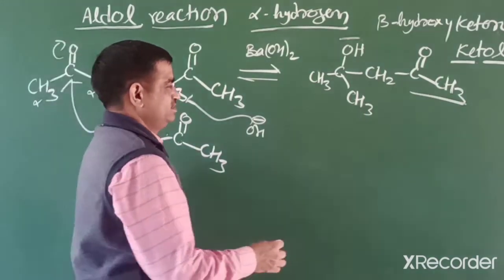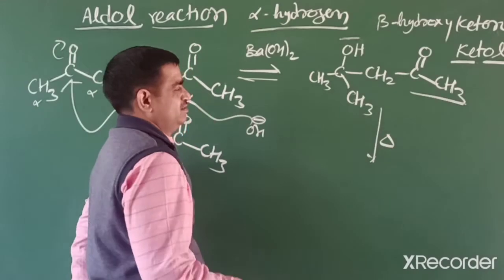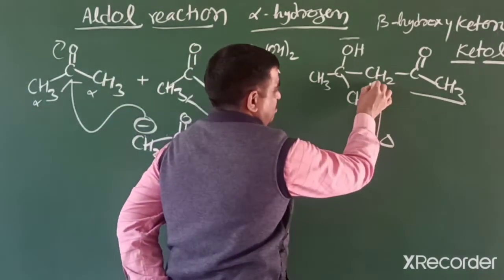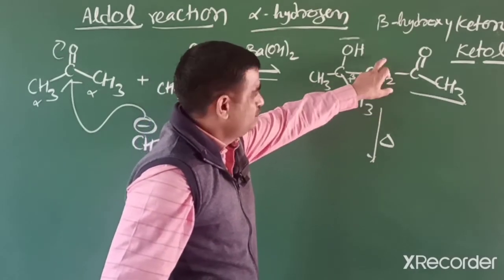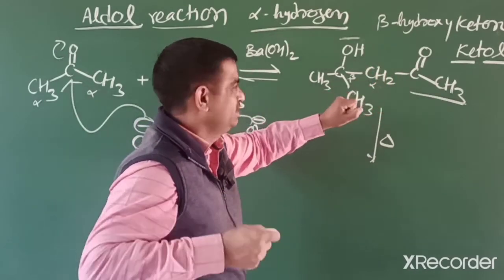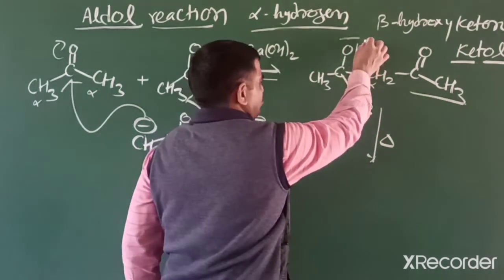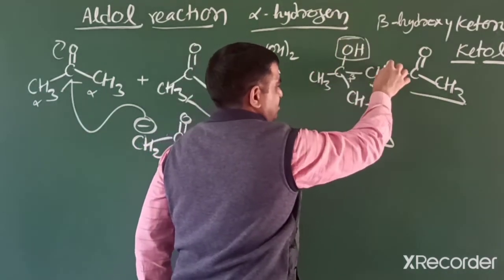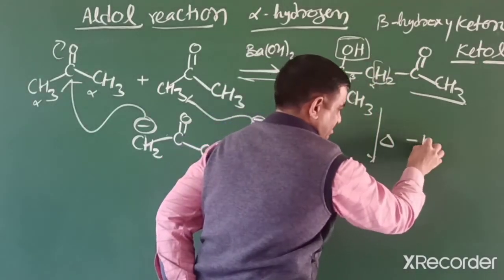After heating this compound, when further heating, what happens? Between the alpha carbon and beta carbon, these two hydrogens are also acidic in nature. When we heat, this H and this OH are removed from this compound. OH and one H are easily removed and dehydration occurs.